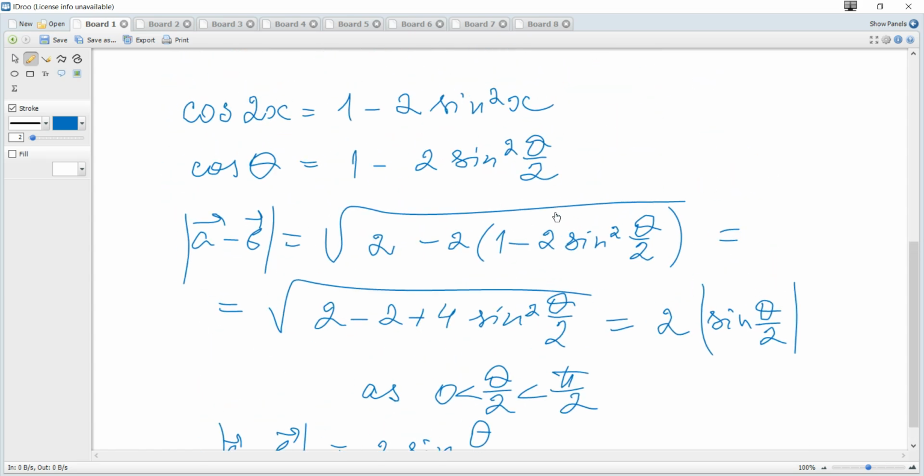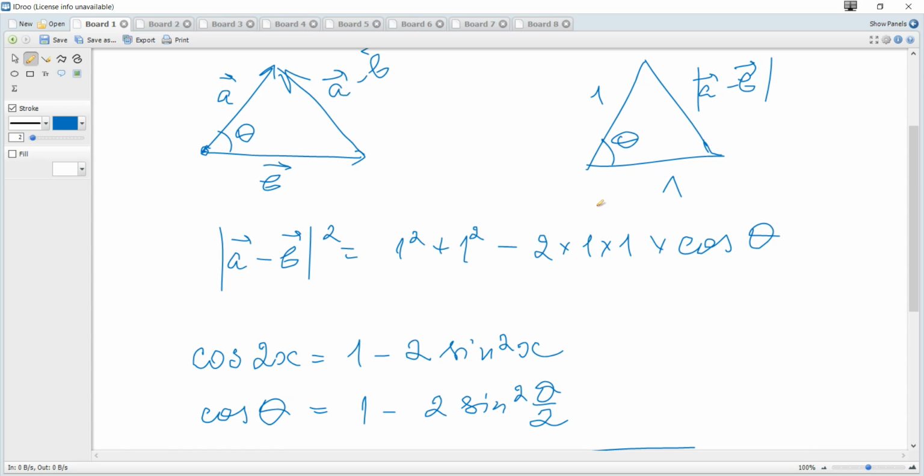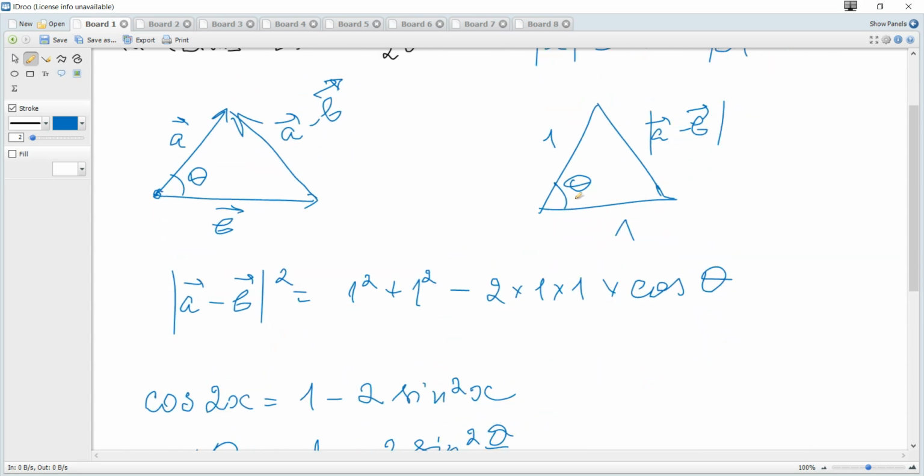Another method: you can notice that an isosceles triangle arises here.